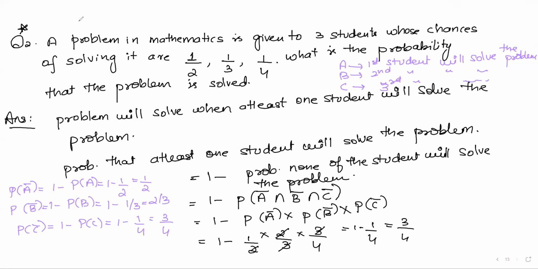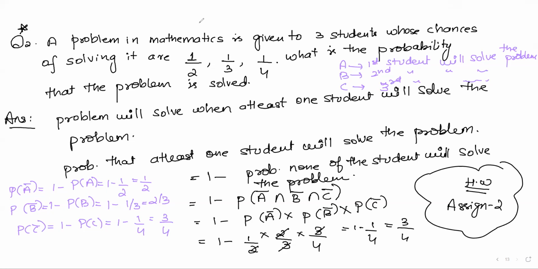Now please note this down, raise your hands, then we will end our class. Now the homework is assignment 2. No one has shared it. Please complete assignment 2 also, and assignment 1, both. If you don't have the time, then please do some questions. Raise your hands once it is done, then we will end the class.